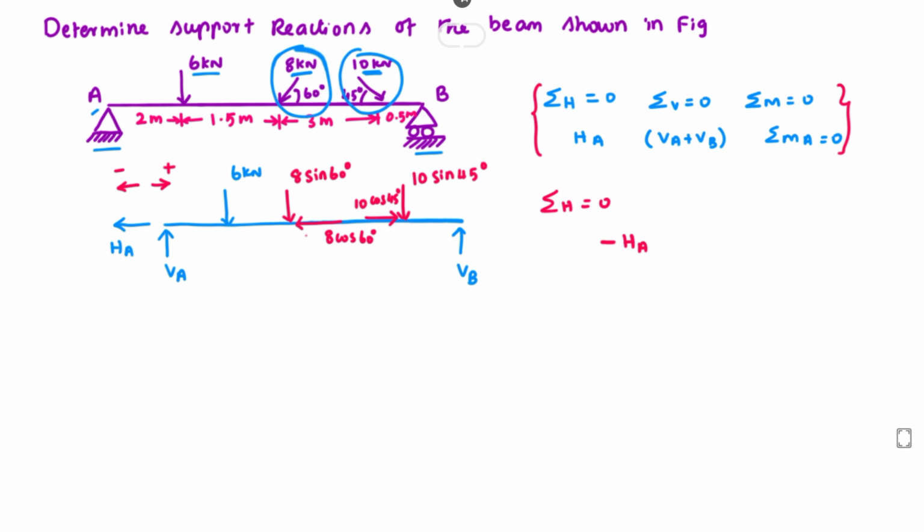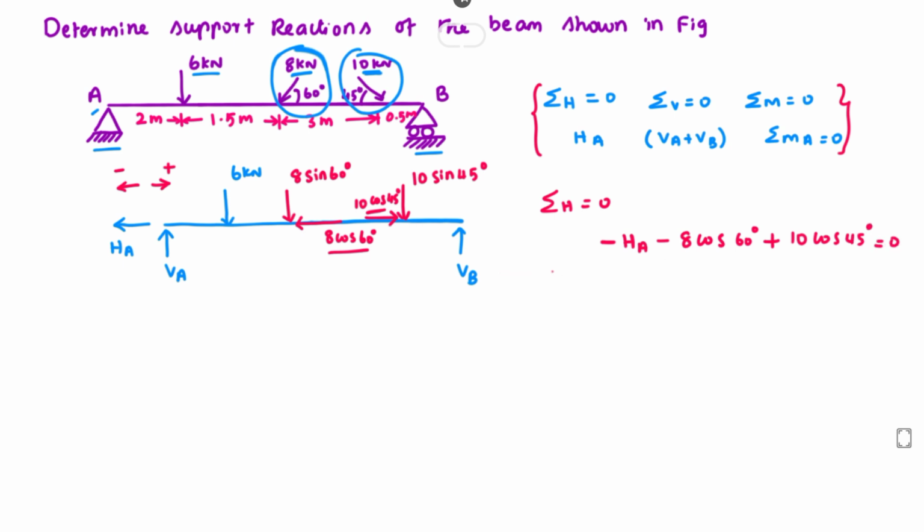Again, the horizontal force 8 cos 60 goes in this direction, so we put minus: minus 8 cos 60 degree. Here the 10 cos 45 is going in the forward direction, so we take plus 10 cos 45 degree equal to 0.